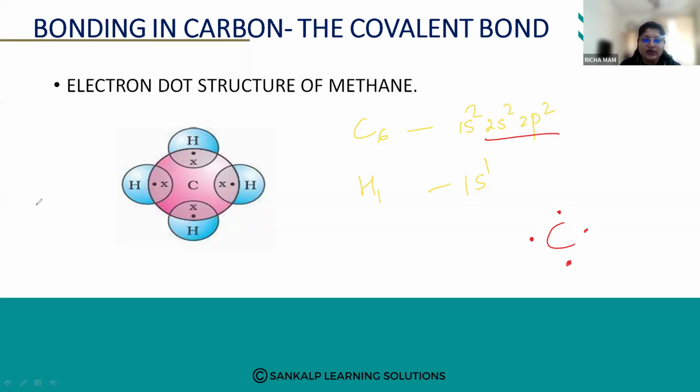These are the 4 electrons. How many hydrogens are there in methane, CH4? 4. So 1, 2, 3, and 4 hydrogens. Each hydrogen gives 1 electron.